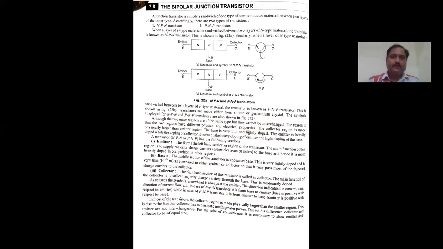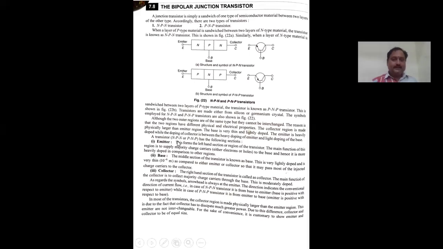In NPN, there are two N semiconductors with a P semiconductor in between. In PNP, there are two P-type semiconductors with an N semiconductor in between. In a PN junction diode, there is only one P and one N junction. In this, there are three layers, NPN or PNP.